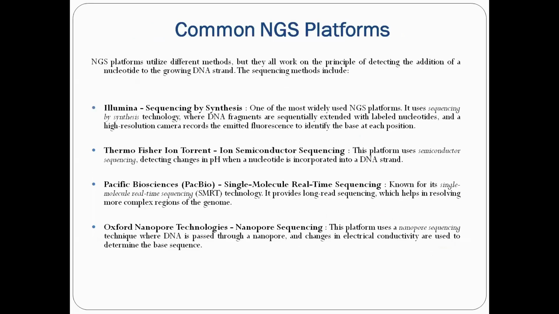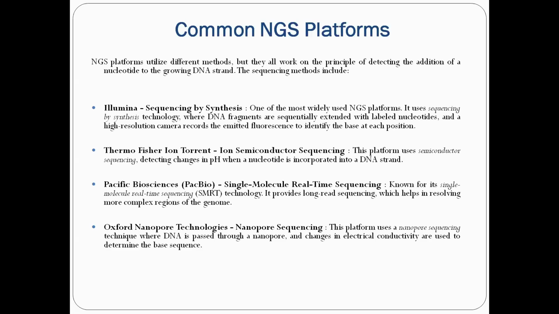So the common NGS platforms utilize different methods. They have different principles by which they perform sequencing. For instance, the principle used in Illumina platforms is sequencing by synthesis, and it is the most widely used NGS platform. It uses sequencing by synthesis technology where DNA fragments are sequentially extended with labeled nucleotides. We'll study this in detail. Then we have Thermo Fisher Ion Torrent, which uses ion semiconductor sequencing.